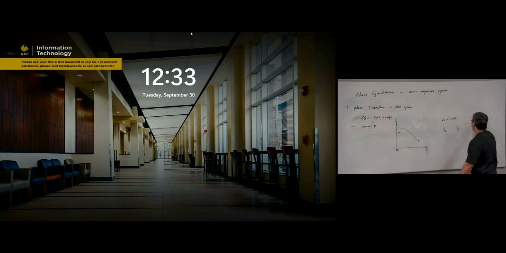You have water. Water is something like this, randomly distributed. But for the ice, something like this. You have this structure, the hexagonal structure.